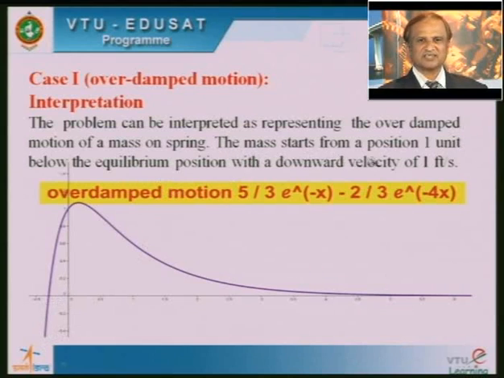The mass starts from a position 1 unit below the equilibrium position, with a downward velocity of 1 foot per second. Finally, as time increases, it reaches the equilibrium position. That is the meaning of the curve.